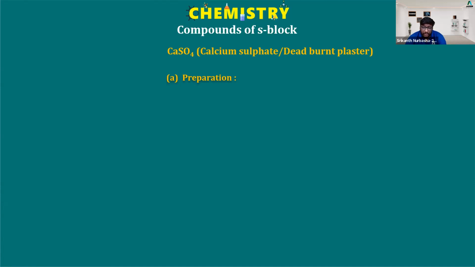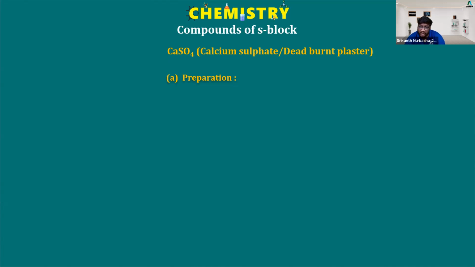By the action of H2SO4 on calcium chloride. CaCl2 plus H2SO4 gives HCl plus CaSO4 plus H2O plus O2, and that CaSO4·2H2O upon heating will form CaSO4·1/2H2O, which is nothing but plaster of Paris also.